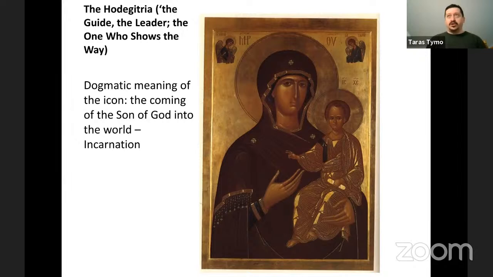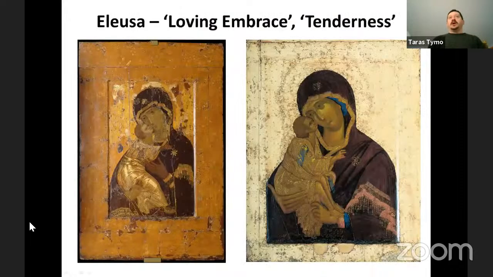Because Mary is larger, Mary is featured in those icons, but as a matter of fact, they are not Marian icons. They are, theologically speaking, icons of the incarnate Son of God. And Mary is a humble servant of God who is serving the mystery of incarnation and is not centering the attention on herself.